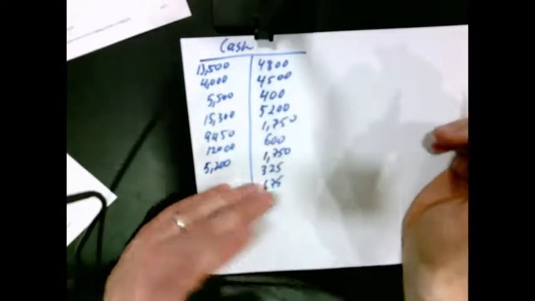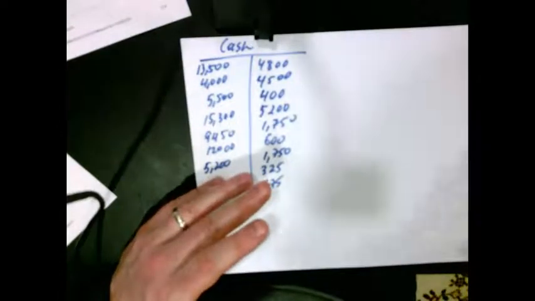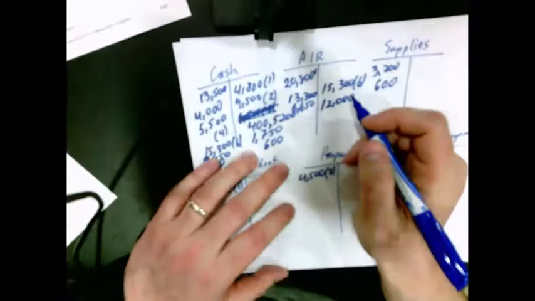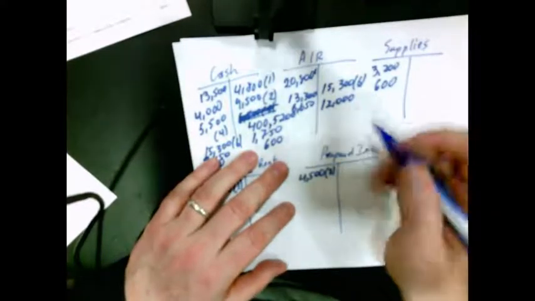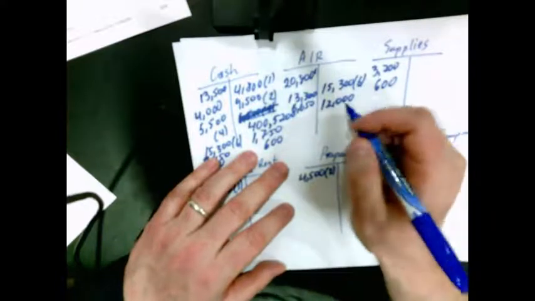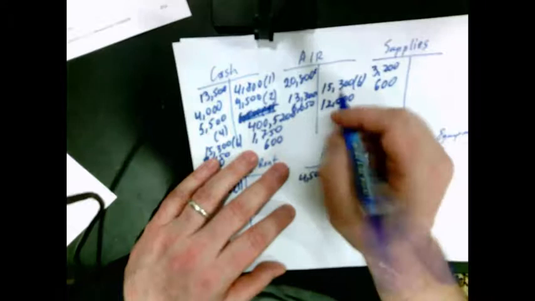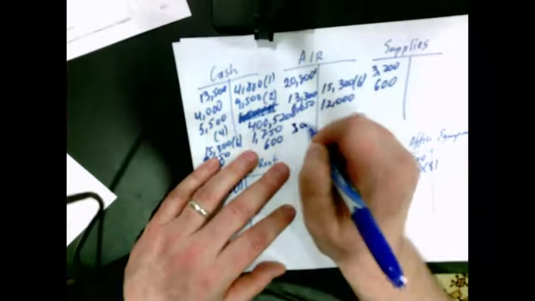Recorded services provided on account for the remainder of July, 3,000. Again, it's accounts receivable. In this particular case, it will be 3,000 debit and credit 3,000.